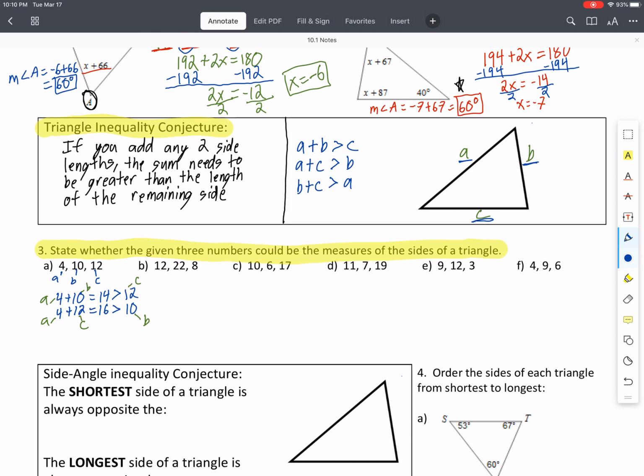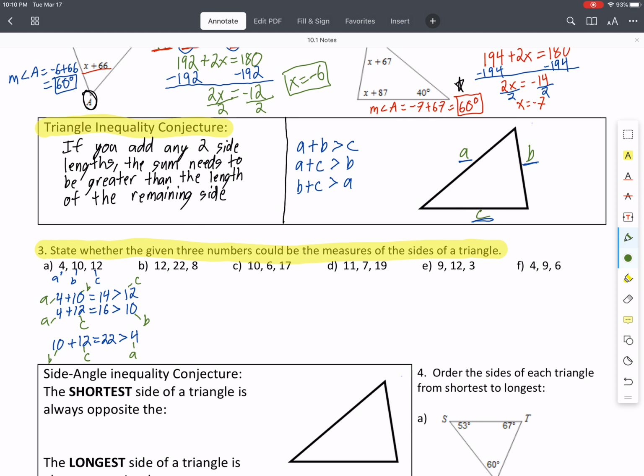If I take 10, or B, plus 12, that's equal to 22. And that is definitely greater than 4, which is our A. So again, 10 was B, 12 was C, and 4 was A.